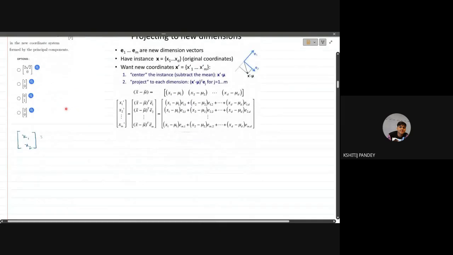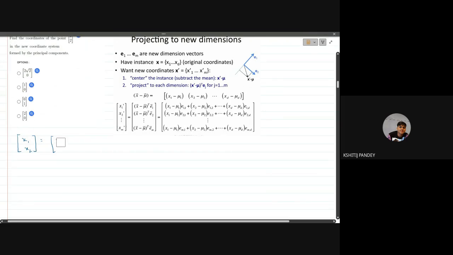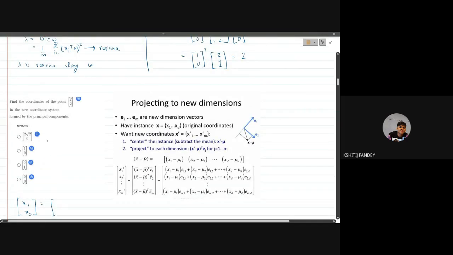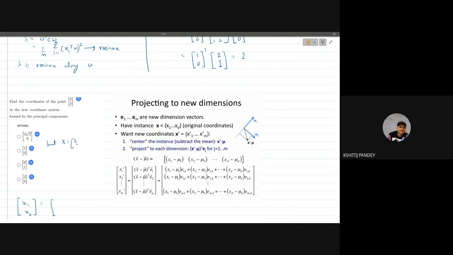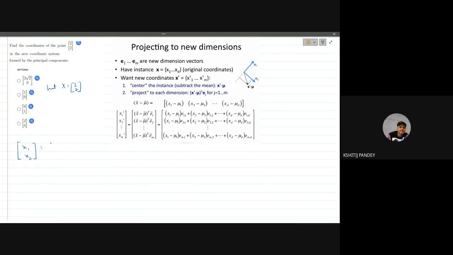So let's represent the original vector x as this 2 2. The x coordinate for this is x transpose W1, and the y coordinate is x transpose W2.